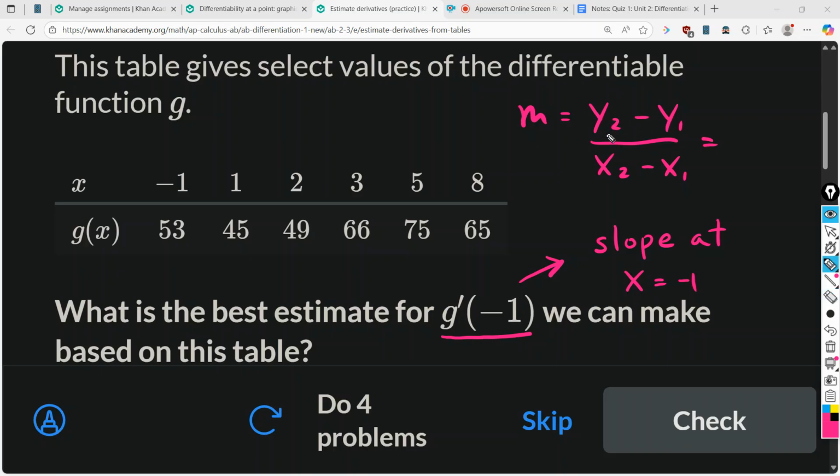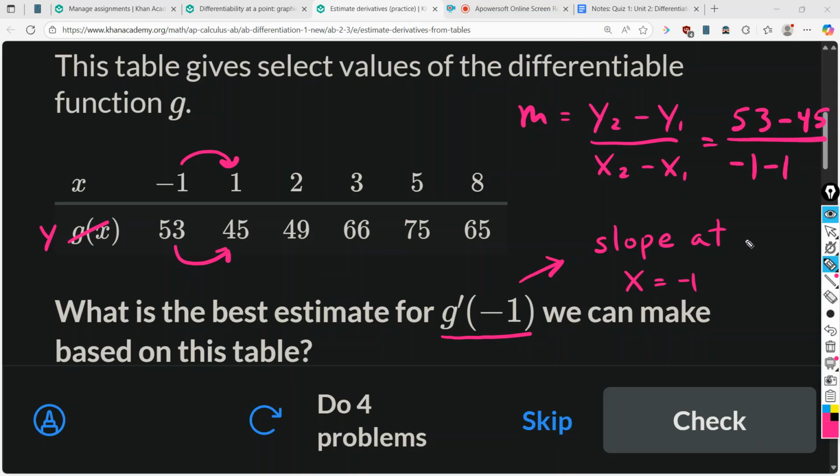All right. So for the numerator, remember g of x, that's the same as y. For the numerator, y2 minus y1, you can subtract either way. Make sure you go the same way. 53 minus 45 for the y. And in the denominator, x2 minus x1, subtract the same way. -1, same direction, -1.